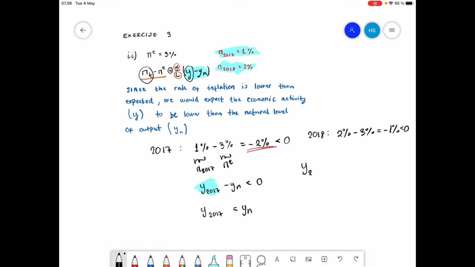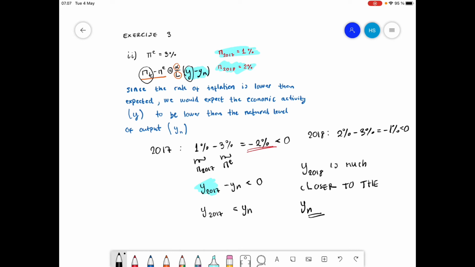That means that the realized output level in 2018 is much closer to the natural level of output. So realized inflation in 2018 is equal to 2%. What drives inflation?